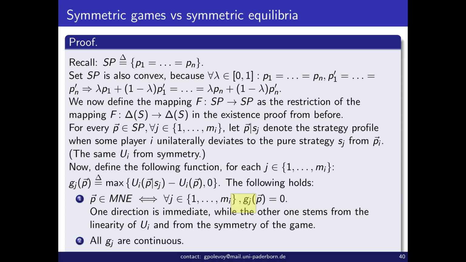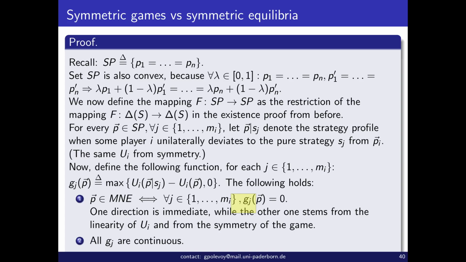So from the linearity of u_i, we can say that if no player can improve from a unilateral deviation to any pure strategy, then no unilateral deviation to any combination, any mixed strategy, can improve, and therefore we have that this is a mixed Nash equilibrium.